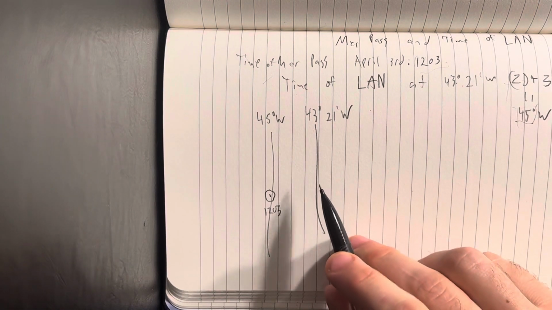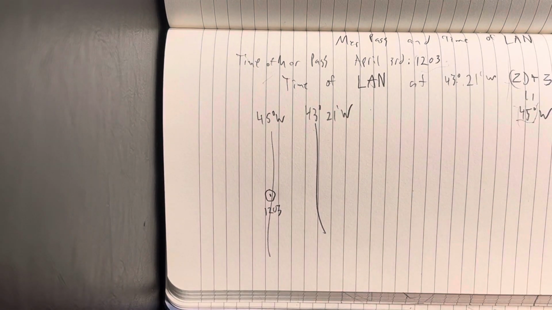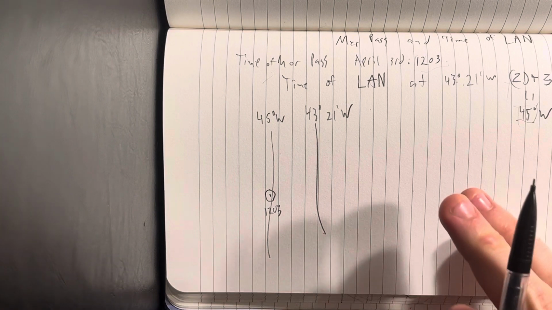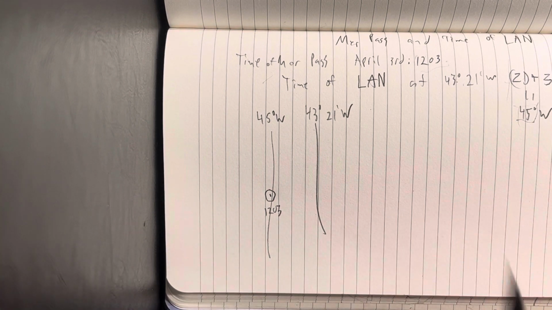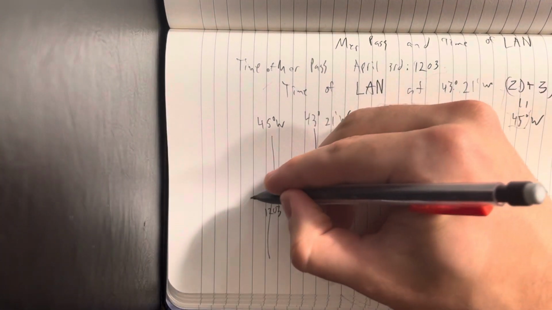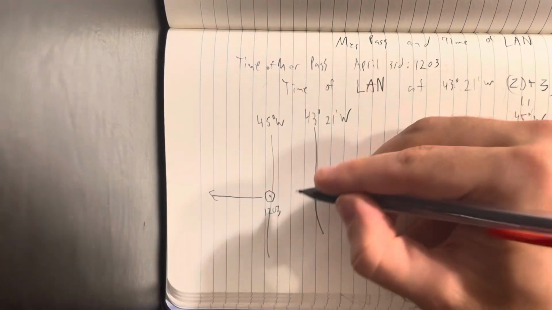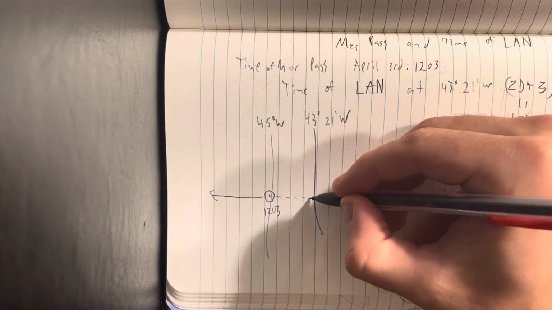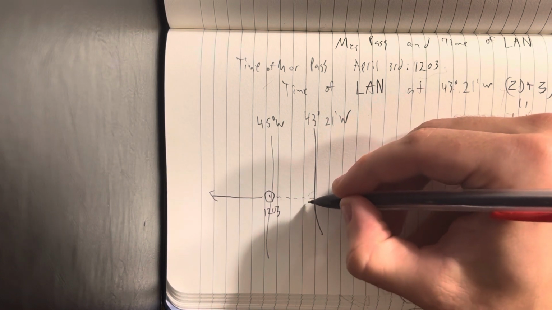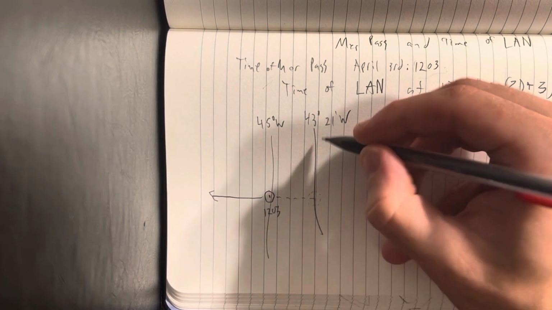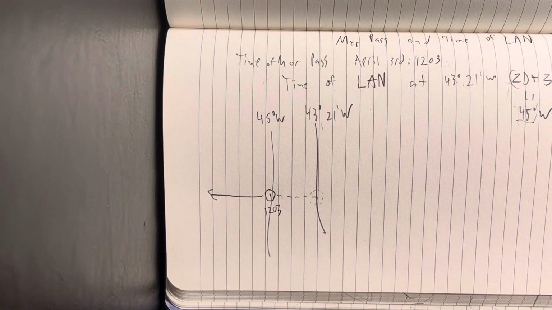When was it over us? More simply, was it before or after? It was earlier than 12:03 because the sun is moving this way. So some point in the past, the sun was over 43 degrees, 21 minutes west.